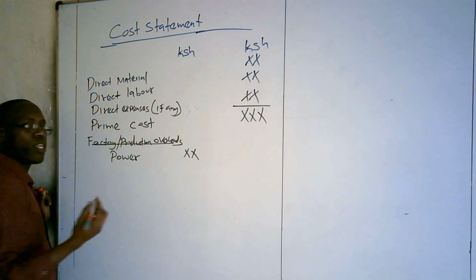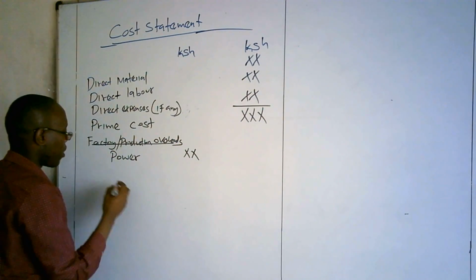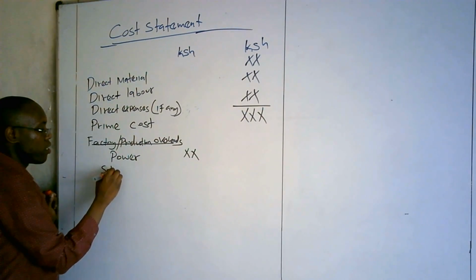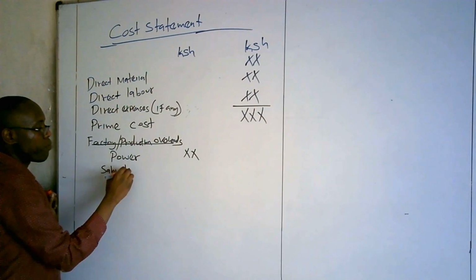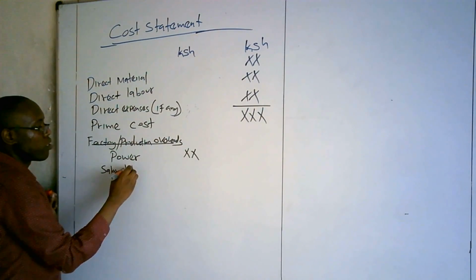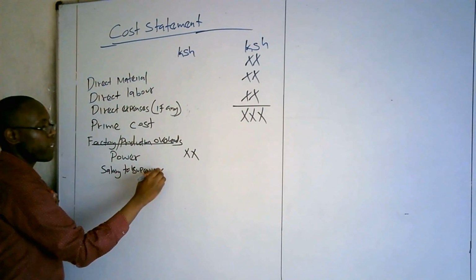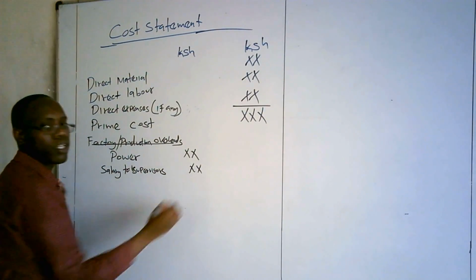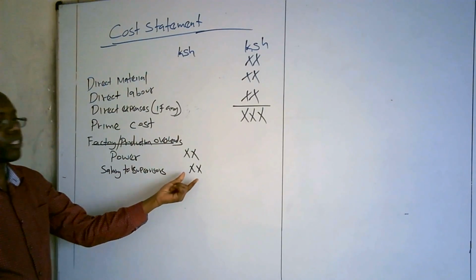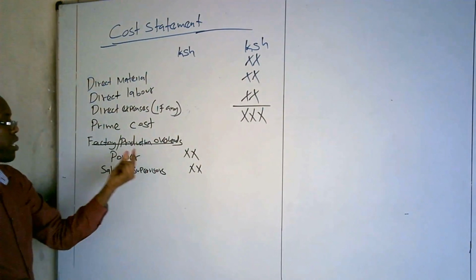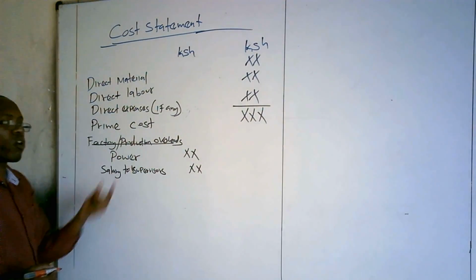And then we may have things like the salary of supervisors. If you have a salary to supervisors, that one is also going to be captured here, under the factory stroke production overheads.